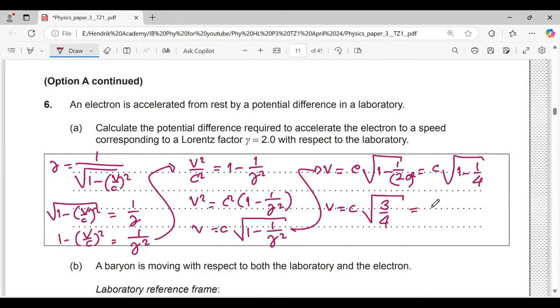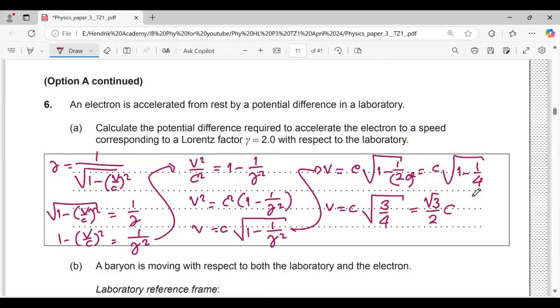Right. So v equals square root 3 over 2, because square root of 4 is 2, so square root 3 over 2 times c. Okay, that one is v.